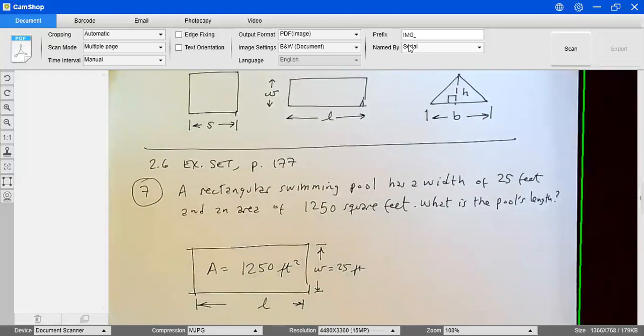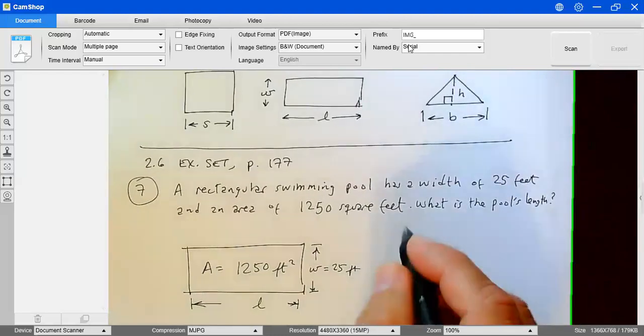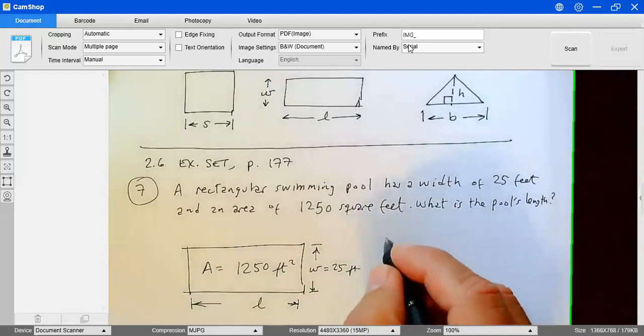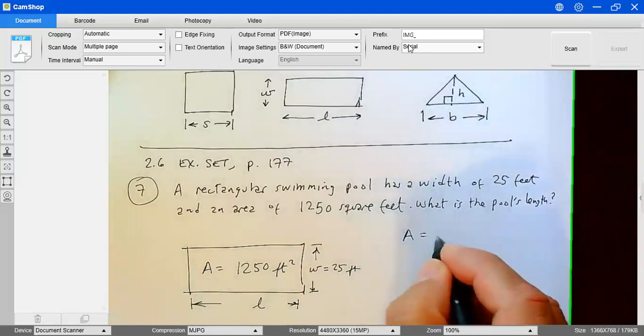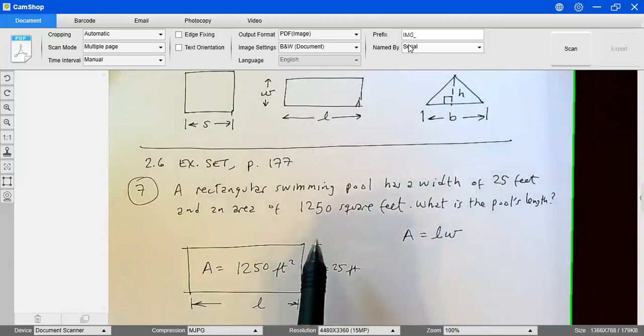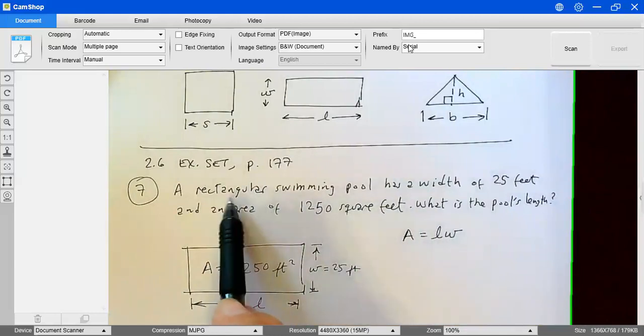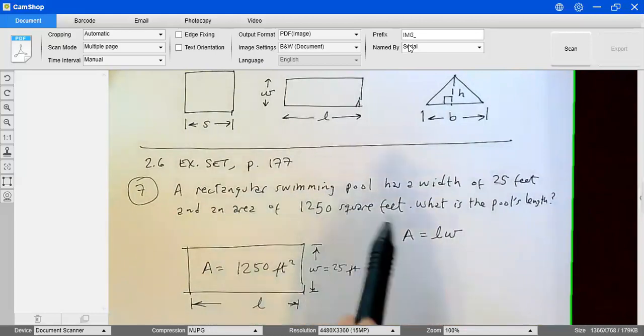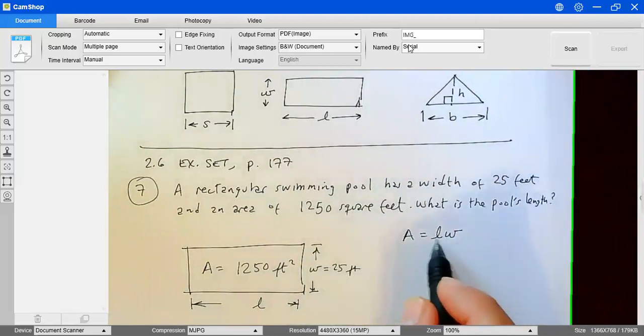So we check our formula sheet, and we see that we have a formula for the area of this rectangle, which is A equals L times W. You need to understand that you are dealing with a rectangle, so read carefully your problem. Then the next step, once you have the formula, you're gonna substitute the values.